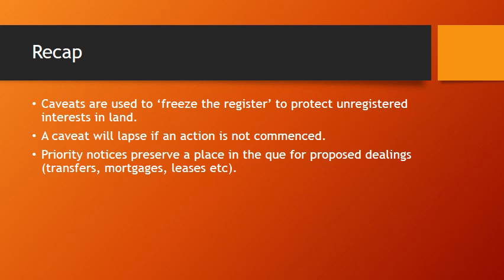Then we also talked about priority notices. So there's a new form of this notification or instrument lodged, which would preserve a place in the queue for proposed dealings coming up. So we talked about a basic example of Ashley and Ben in the previous slide, where Ashley was about to become the new owner of the property, and she wants clear title, but she also wants to preserve that settlement actually taking place.